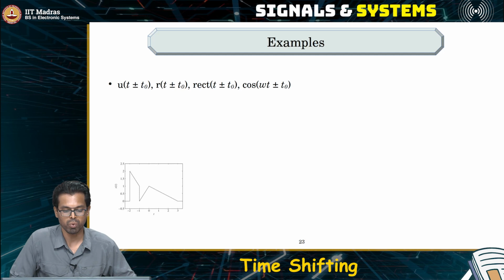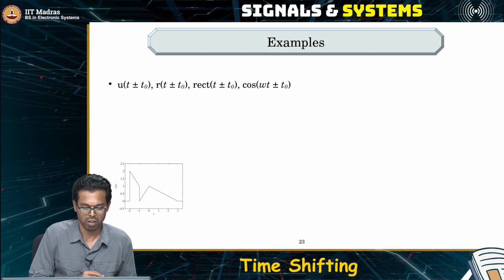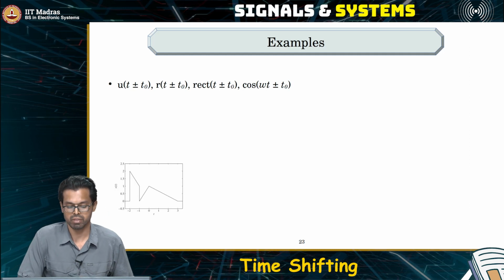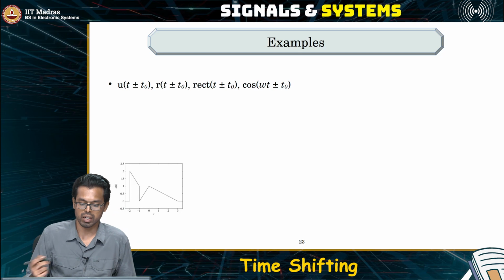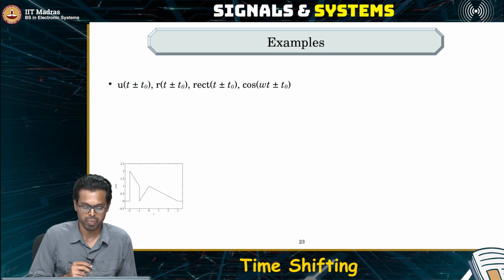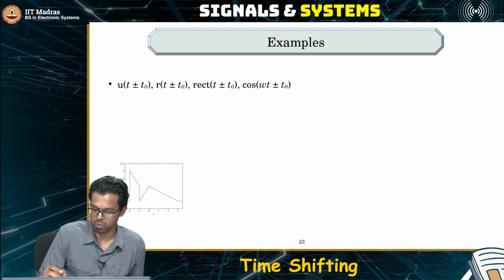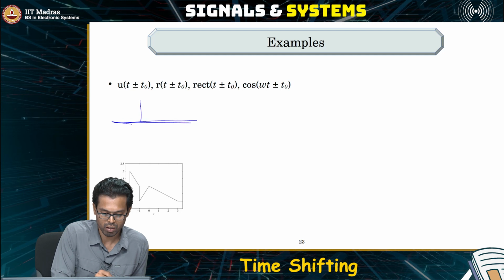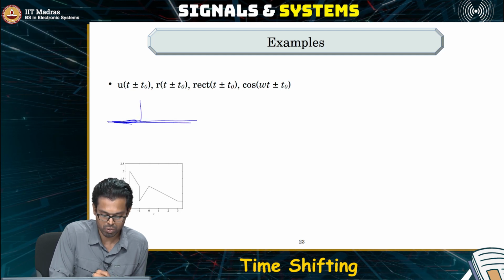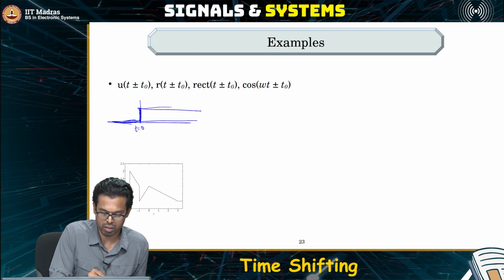Okay. Let's see some more examples of time shifting. We had some basic functions earlier, right? The step function, ramp function, rectangular function, and the sinusoid. So, if you shift the step function, what do you have? Our vanilla step function looks like 0 till time t equals 0 and then 1 after that.